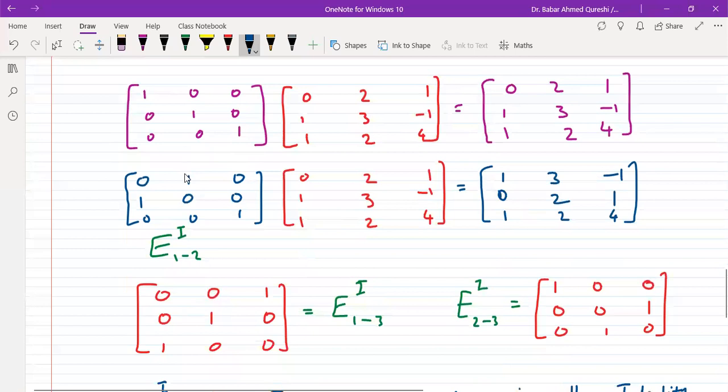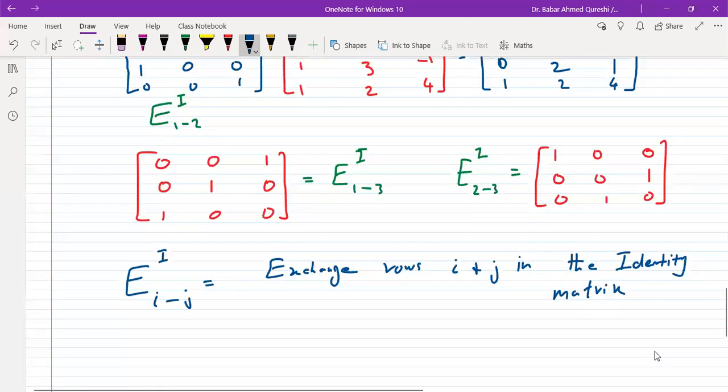You can look over here. This is the identity. I exchange rows 1 and 2, I get this. This is the identity. I exchange rows 1 and 3, I get this. Exchange rows 2 and 3, I get this. You can do it in any size.